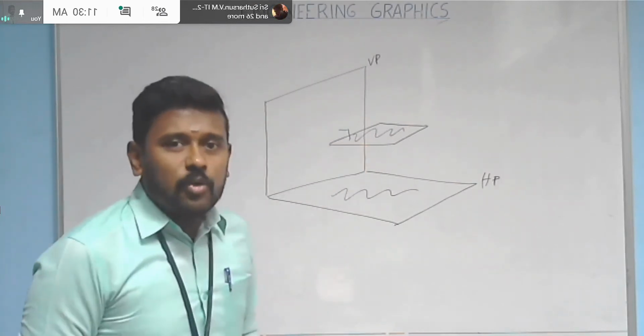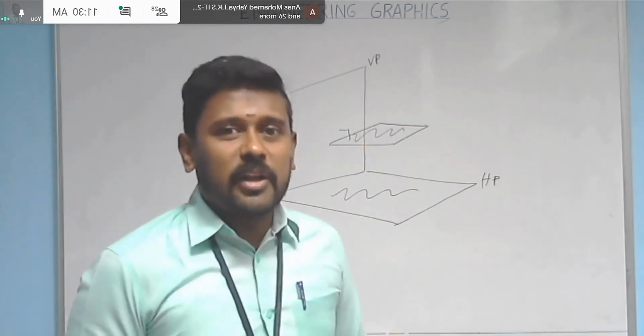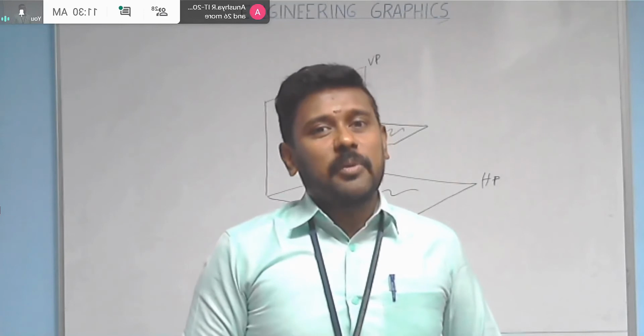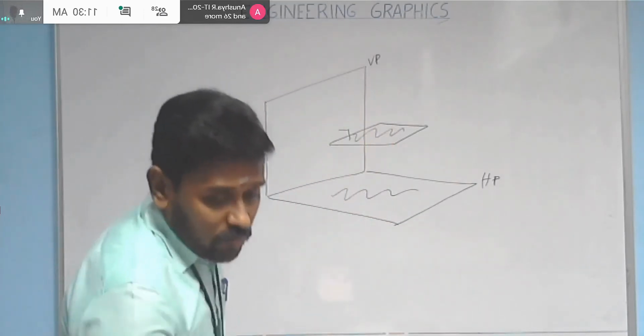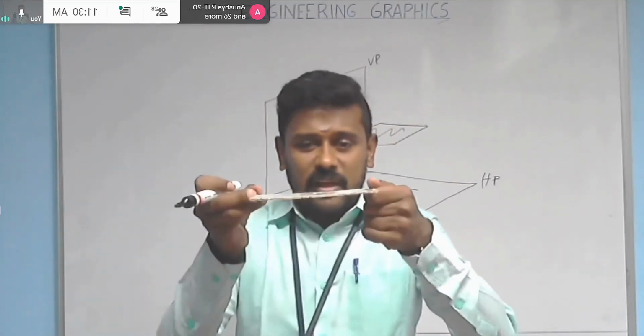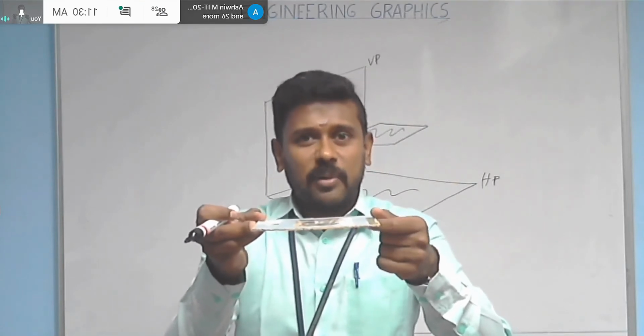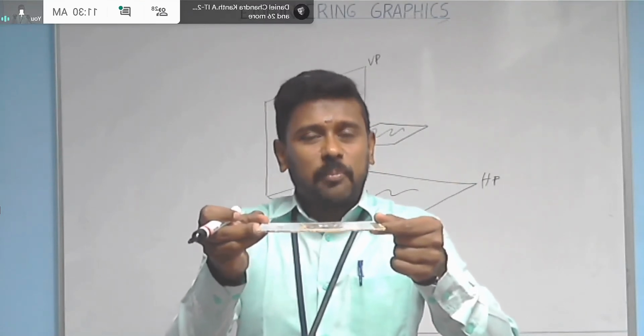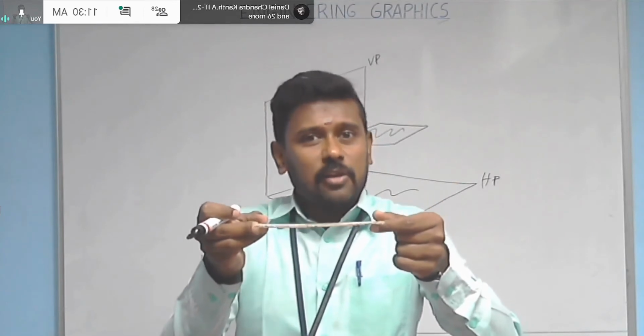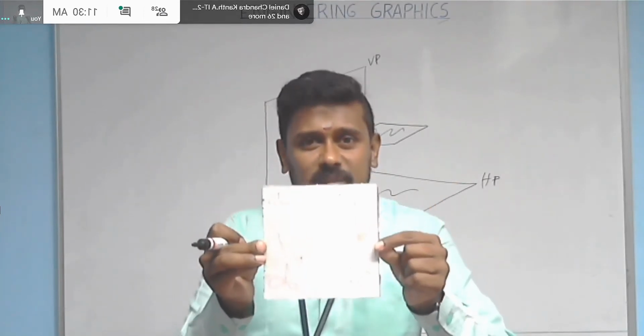If you want to make the same square plane parallel to our vertical plane and perpendicular to the horizontal plane, then how do you need to make it? See here, now it is parallel to the horizontal plane and perpendicular to the vertical plane. If you want to make it perpendicular to the horizontal plane and parallel to the vertical plane, you need to make it like that.